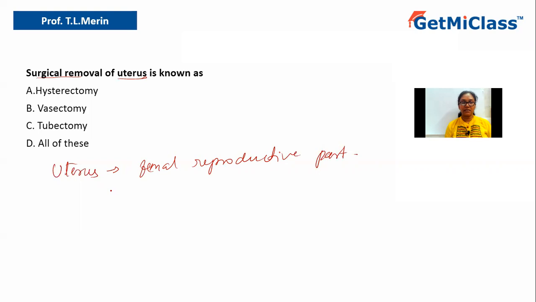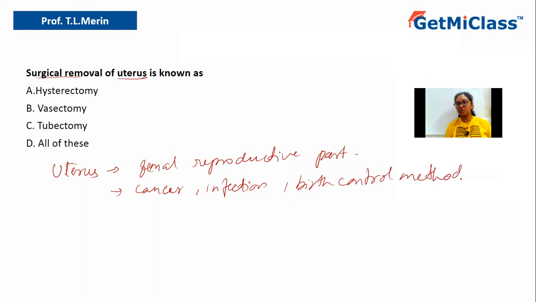So usually when there is an infection or during cancer, cancer of the uterus or severe infection which can spread if the uterus is not removed, or even sometimes birth control can be done by the removal of the uterus as well. Even as a birth control method, but it is very rare because there are various other methods to have birth control.